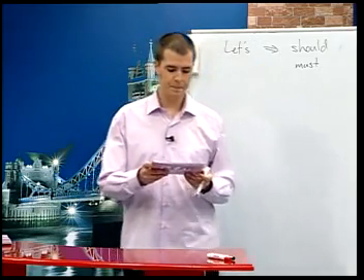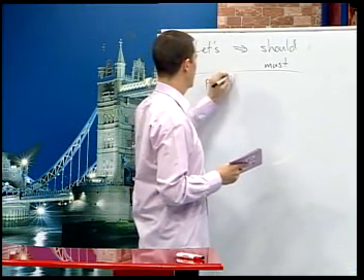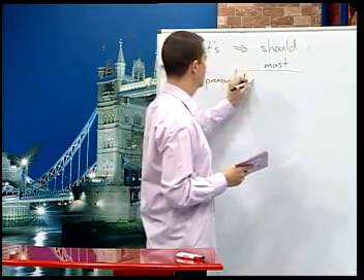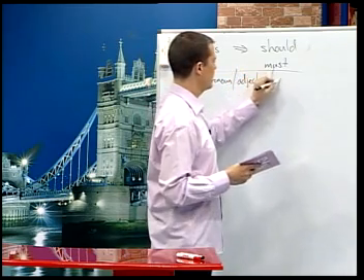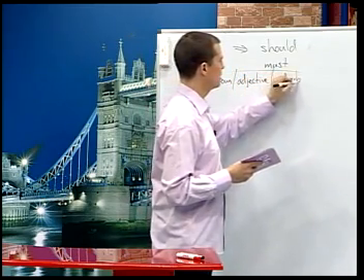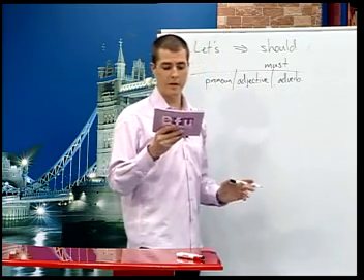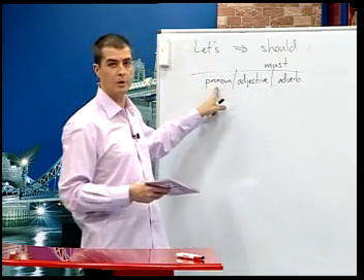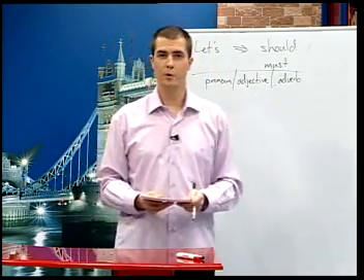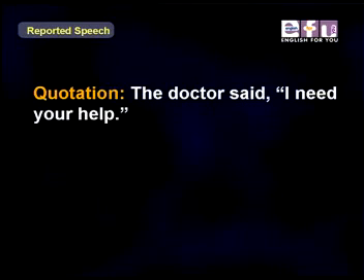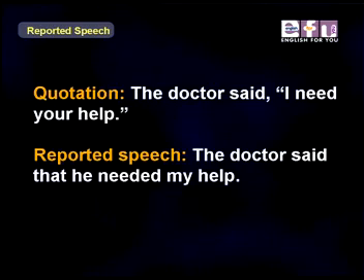We can use them. Okay, now let's look at pronoun and adjective and adverb changes in reported speech. First, let's look at pronoun changes. Here are some examples for you to look at. Quotation, the doctor said, I need your help. Reported speech, the doctor said that he needed my help.